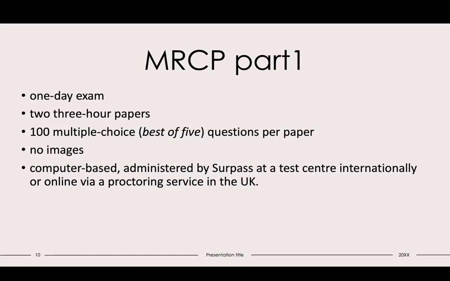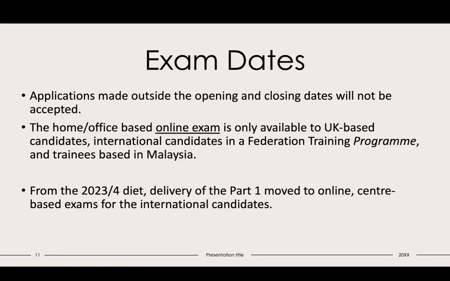So MRCP Part 1 is a 1-day exam, 2 3-hour papers, 100 multiple choice, best of 5 questions per paper, no images, computer-based, administered by Pearson VUE at a test center internationally or online by a proctoring service in the UK. So it's online as well, Part 1.